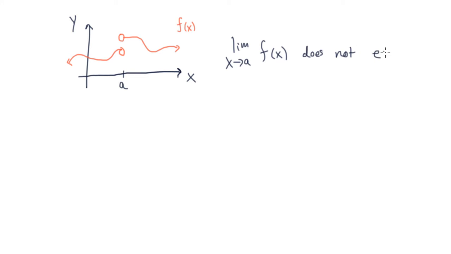The reason it doesn't exist is because I need all values of x around a, not including a, to be approximately the same as x gets really close to a. And so we see specifically here that if I look to the left, the function values are significantly lower than if I look just to the right.